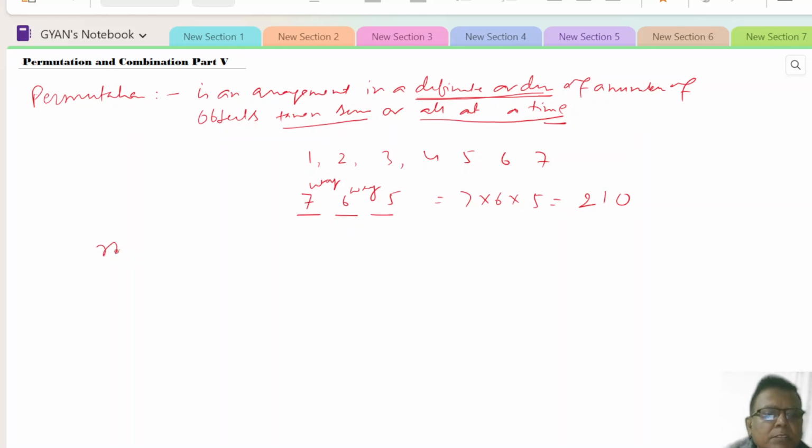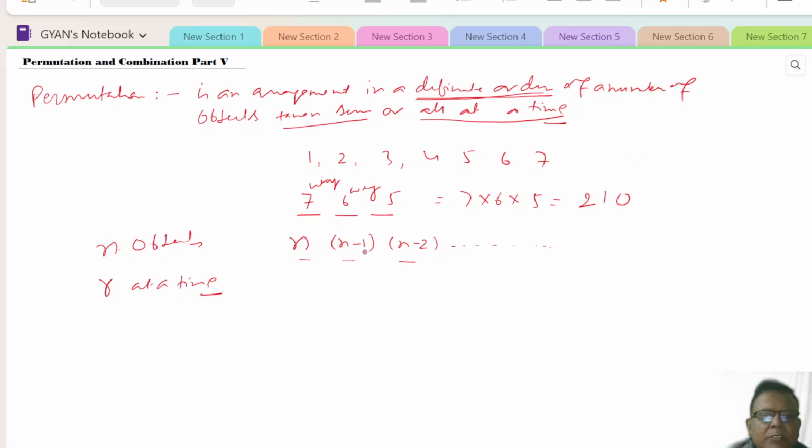Now suppose you have n objects, and you are taking r at a time from those n objects. So that will be n, n minus 1, n minus 2, and so on up to a total of r terms.